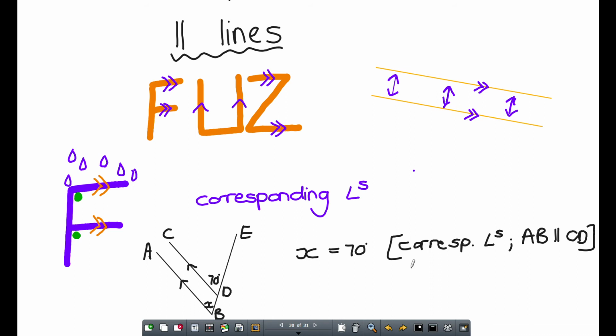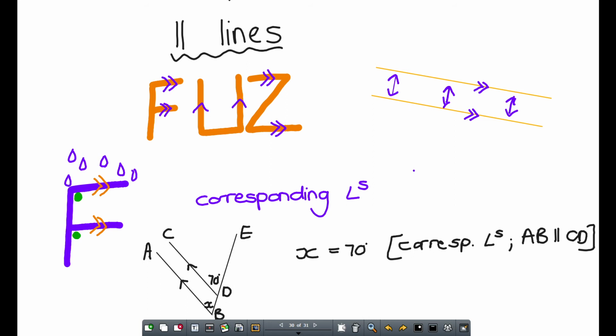Okay, and then the reason must be corresponding angles, AB parallel to CD. And we said you have to give me those parallel lines as well. You've got to name them. Okay, that's where we ended. So any questions up until there?